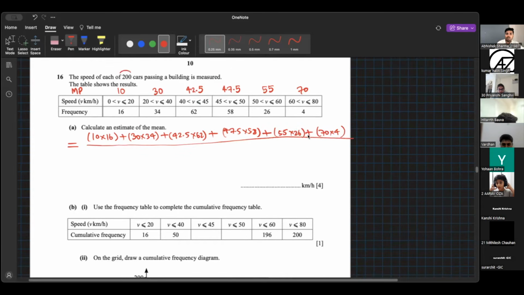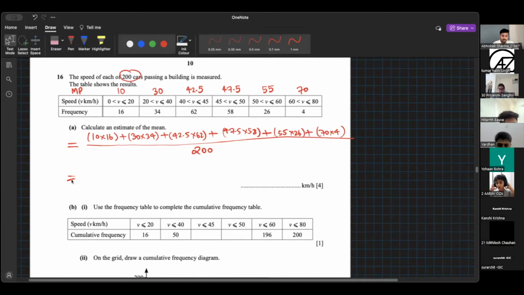The total number of cars is already mentioned, it is 200. So do this and you will get your answer. There is a way here you can use your statistics one variable mode, or you do this calculation, you will get your answer.